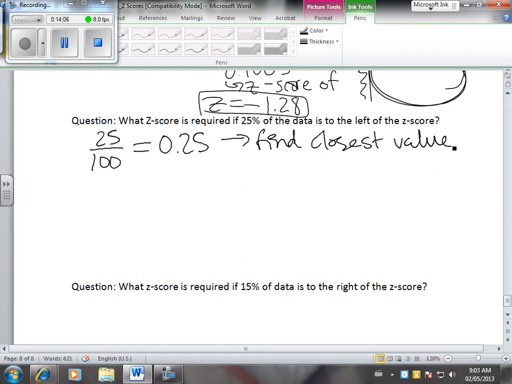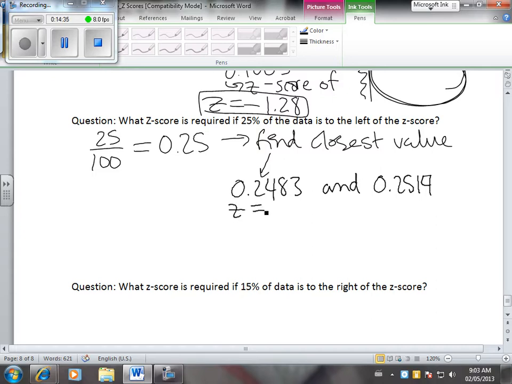Okay, so if you look in your z-table, you can find 0.2483 and 0.2514. Okay, and one is not really closer to the other. So we find the z-score for both.